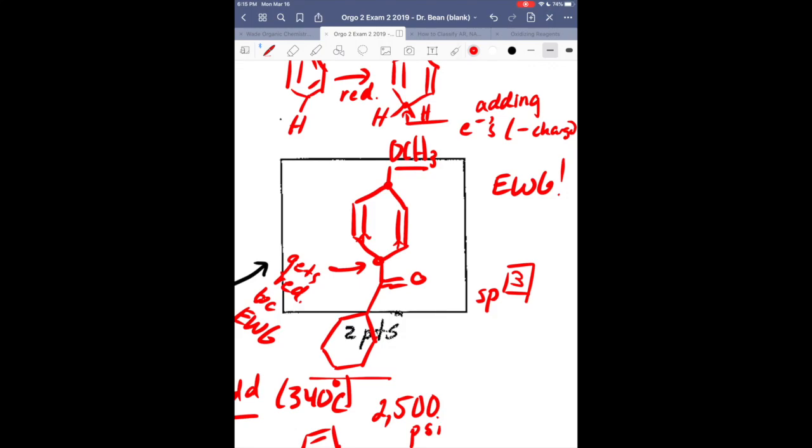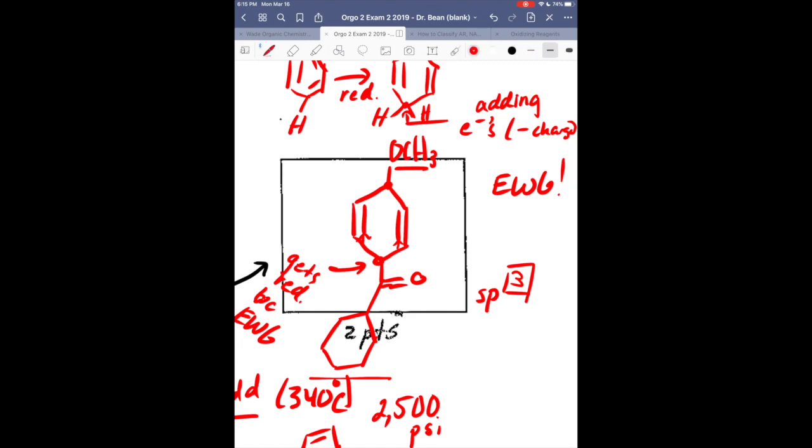So 3, that's a way to help you remember that you want the electron withdrawing group to be on the sp3 hybridized carbon. So this one right here is the one that gains the hydrogen, making it sp3, and you can use the W sideways to help you remember that that is the one that becomes sp3, and then here we couldn't really do much to make this sp2, right?